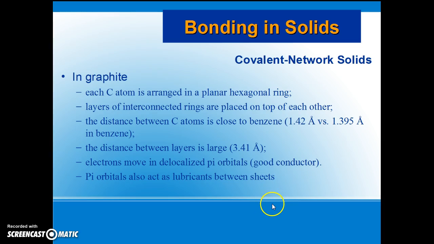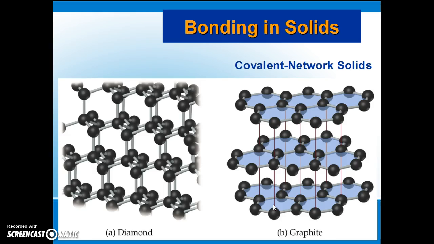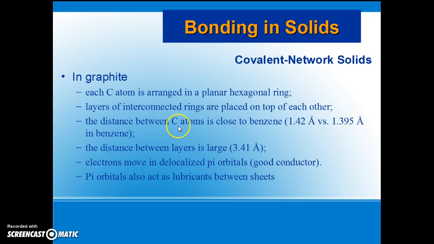The layers of interconnected rings are placed on top of each other. As you can see on the right here, this interconnected network of rings is on top of this one. The distance between the carbon atoms is close to that of benzene, inside the ring, but the distance between the layers of sheets is fairly large.